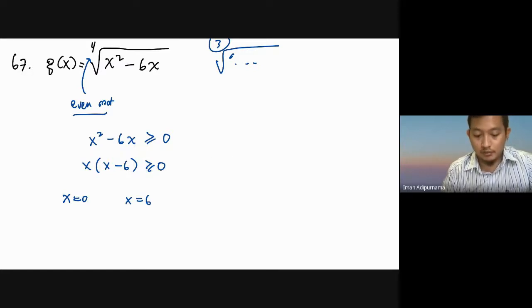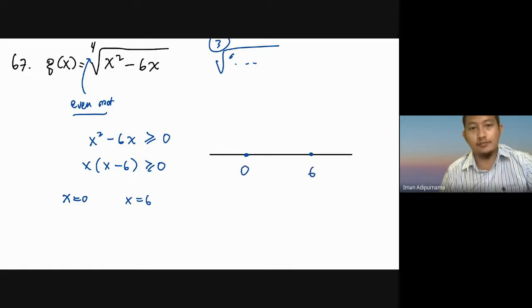We can make a number line. To make sure that you are correct, you can put it into a number line. So 0, 6, and from here negative, you will have positive here.